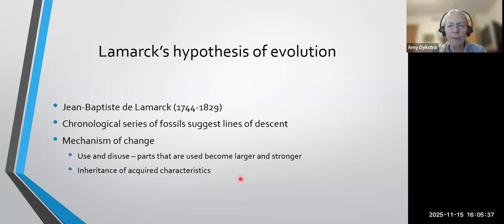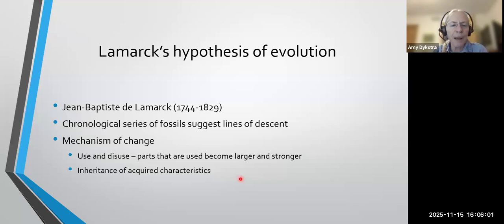So, for example, a giraffe that is trying to reach some leaves that are above it on a tree can stretch its neck. And by stretching its neck, it could maybe lengthen its neck. And also, if it developed a longer neck, that longer neck would be passed on to its offspring.